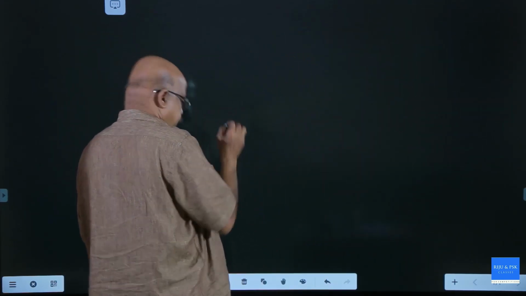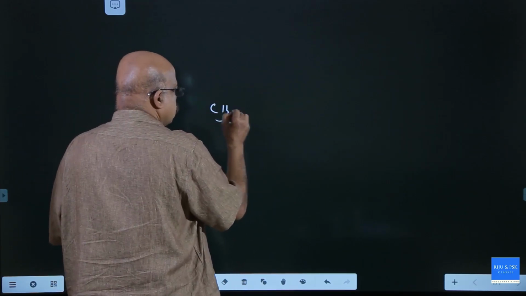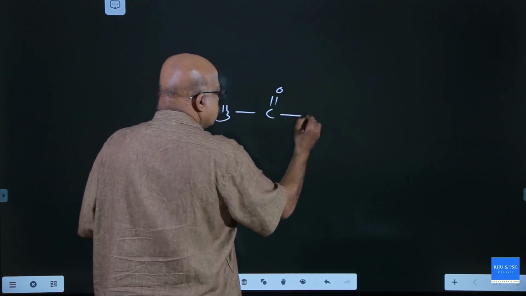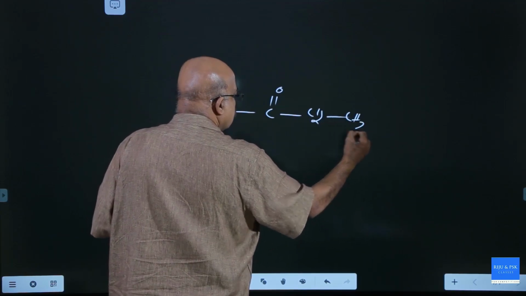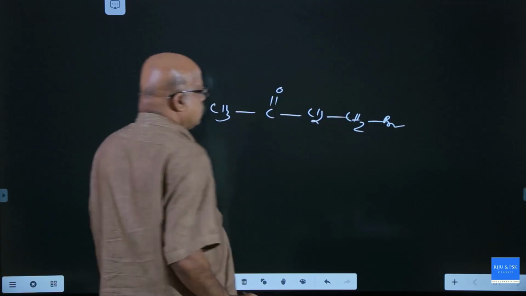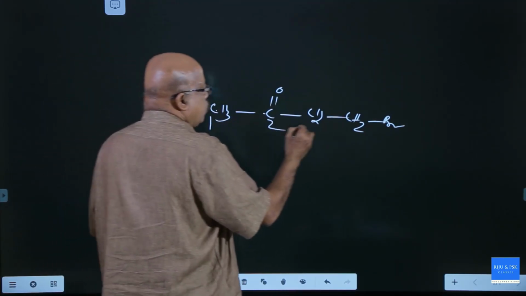See, this is one, two, no other way of numbering, 1, 2, 3, 4.